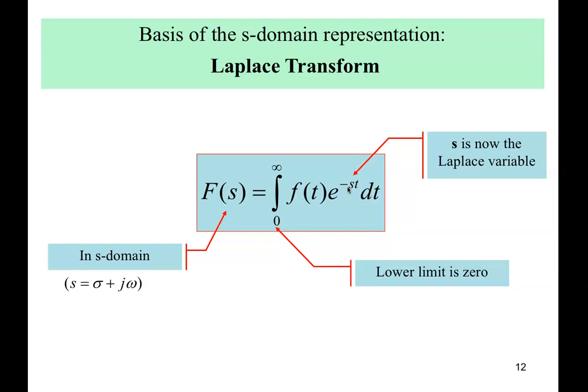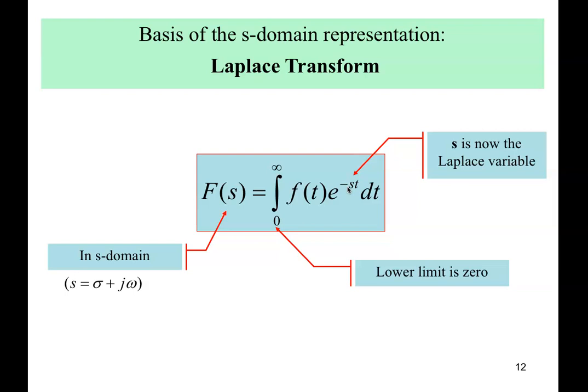Every single f(t) will correspond to an F(s). f(t) is in the time domain, F(s) is in the frequency domain. They are basically representations of the same signal, so they are the same thing, just expressed in different manners. That's all we need to know about that.